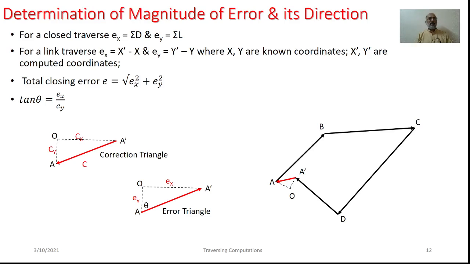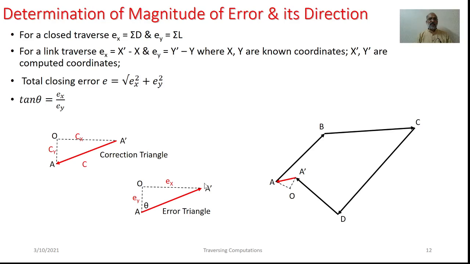In a similar way, the way we discussed the link traverse, we start from a known station, we close the work on a known station. Hence, say if x and y are known coordinates, and for the link traverse, if x dash and y dash are computed coordinates, the difference between the known coordinates and computed coordinates will be their respective error components.